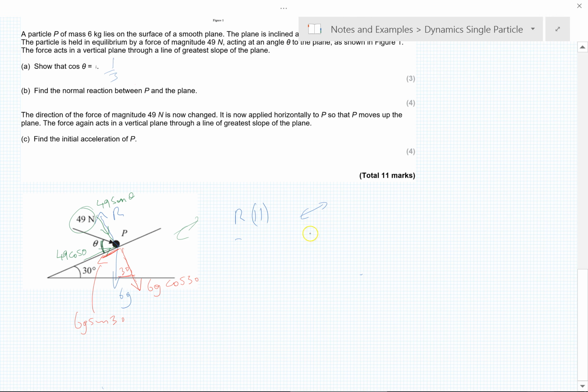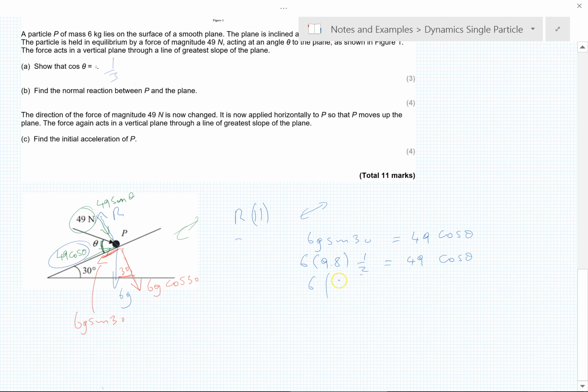So they must balance. That gives me the force downwards, this one, 6g sine 30, must be equal to the force upwards, this one, which is 49 cos theta. Now sine 30 equals a half, and g is 9.8, so 6 times 9.8 times a half is equal to 49 cos theta. Sorry, I don't want to be using my calculator again.